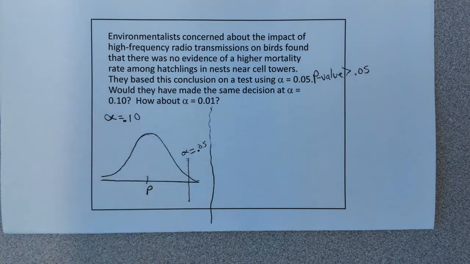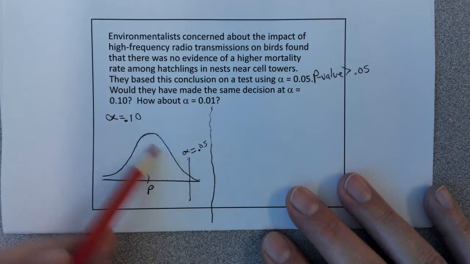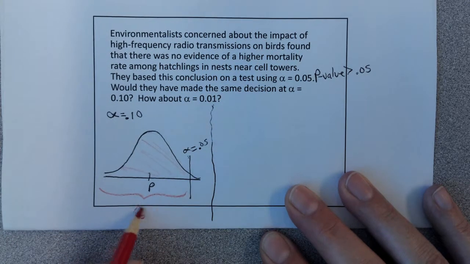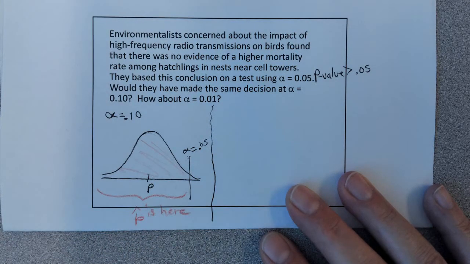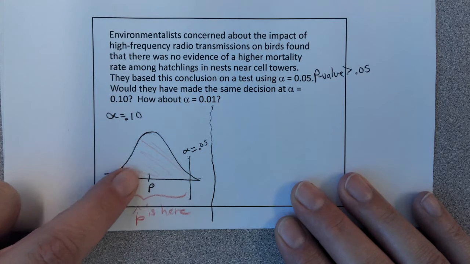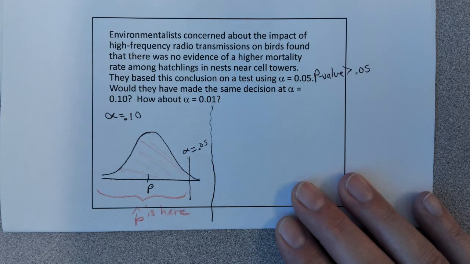If that's the cutoff, anywhere to the right of that, I would reject the null. But since I didn't reject it, technically p hat lives somewhere down here. I'd already drawn that part in, and that's about where we lost track of time and the bell rang. P hat could be anywhere to the left of that.